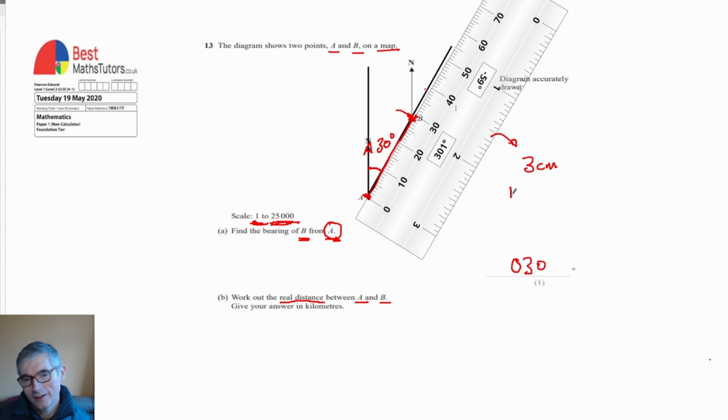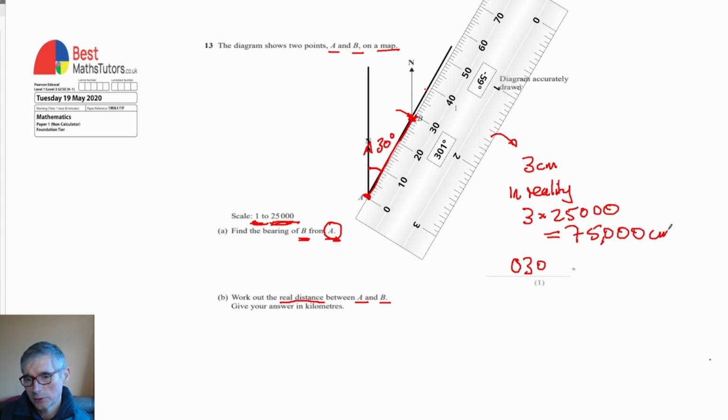So in reality, that distance is 3 times 25,000 centimeters. If I multiply that out, I get 75,000. So 3 times 25,000 is 75,000.